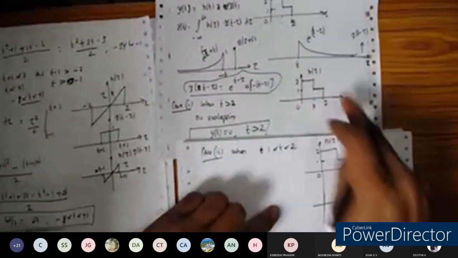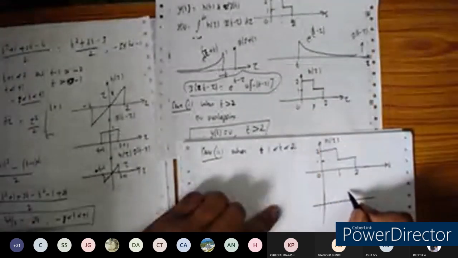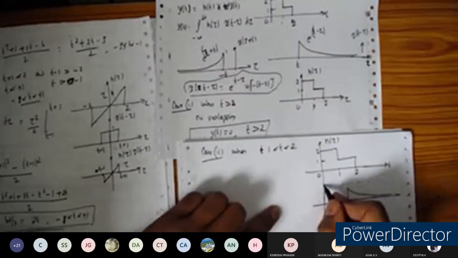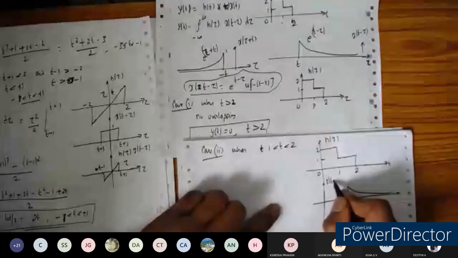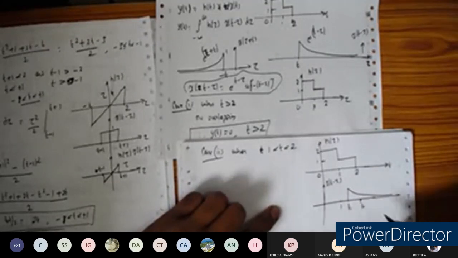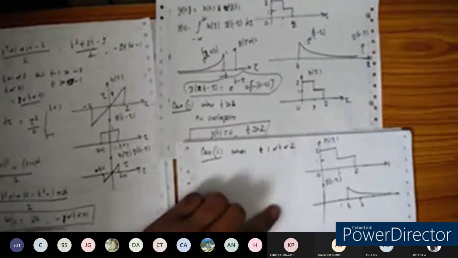We can move t anywhere between 1 and 2, somewhere here. This is x of t minus 2, this is 1, and this is somewhere 2, and this is t.